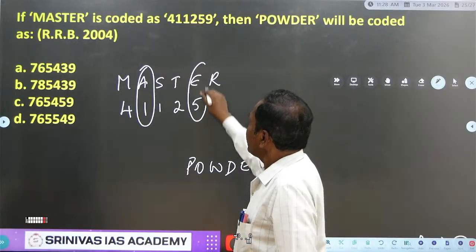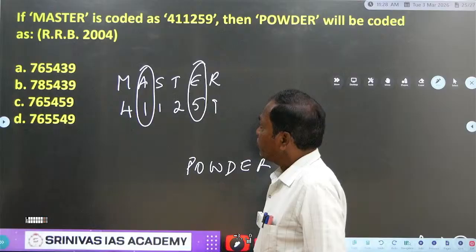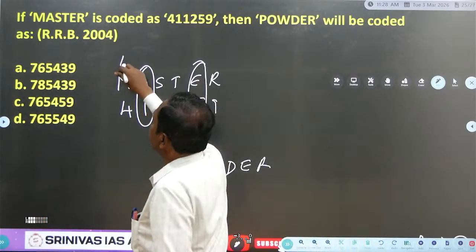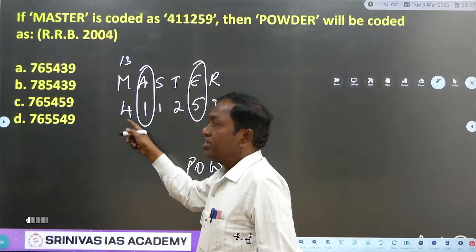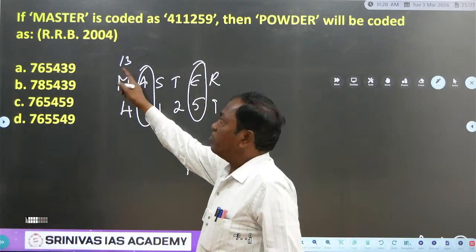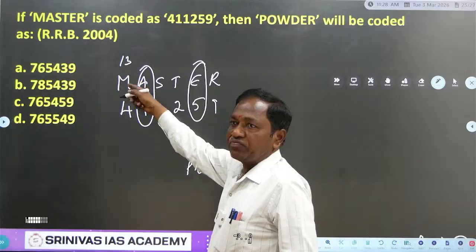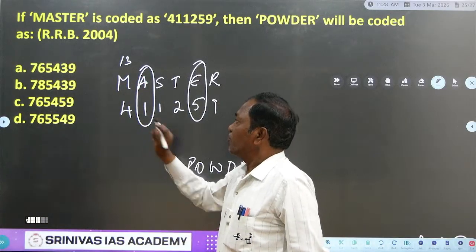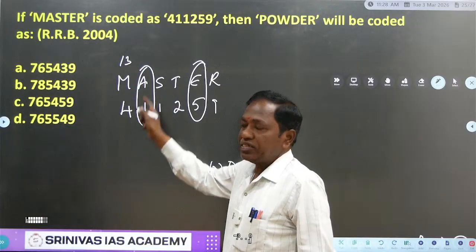Again, E is the fifth letter in forward order, that is a clue. But M is the 13th letter, and 4 is written. They might have done the sum of the digits of the position of the letter. M is the 13th letter, so 1 plus 3 is 4.